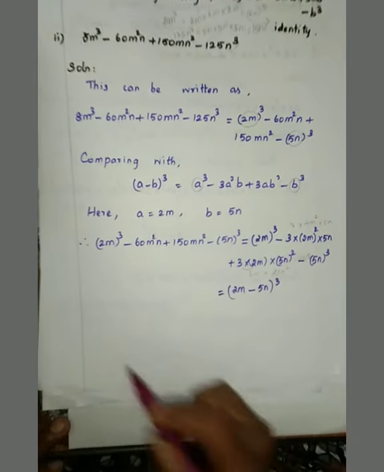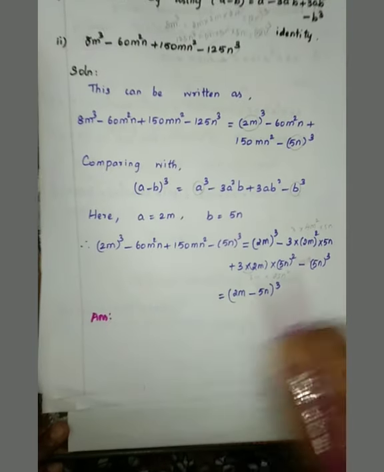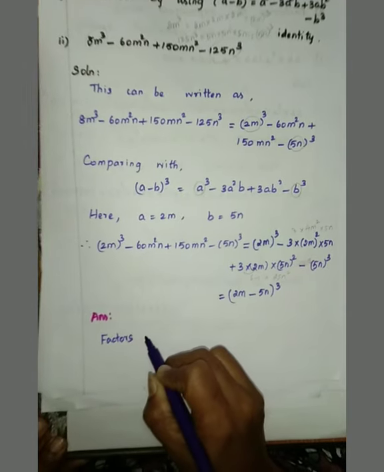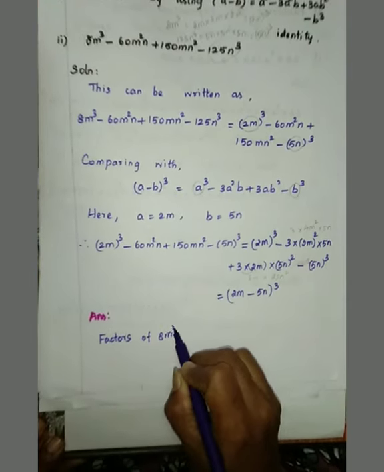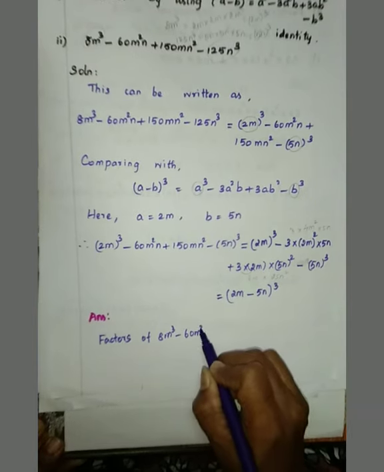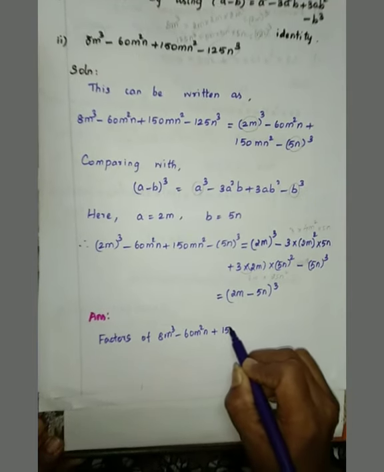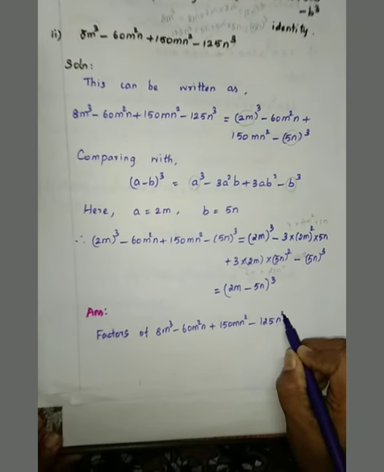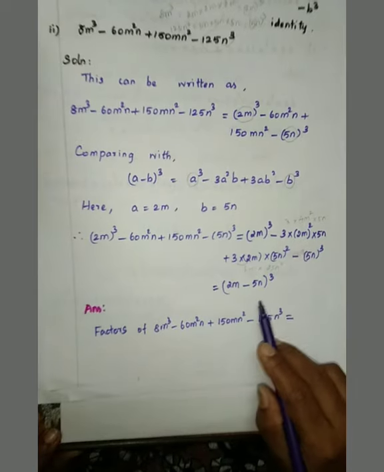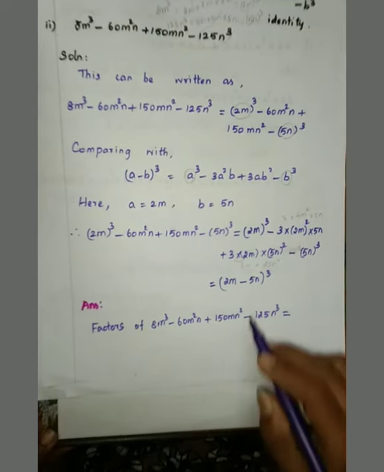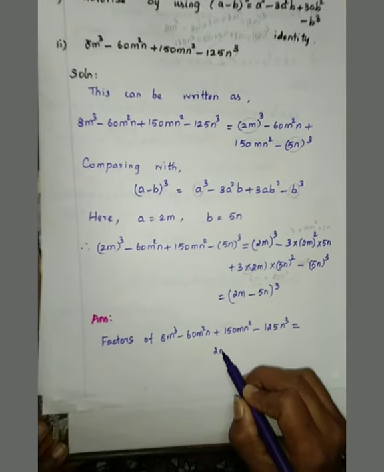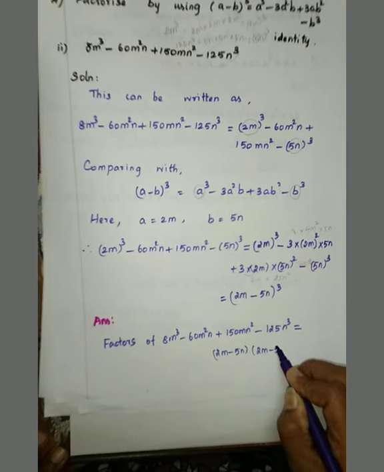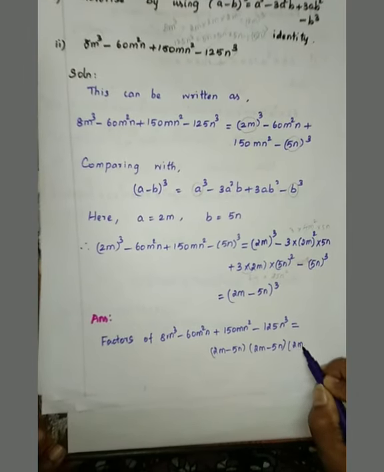Therefore, the factors of 8m cube minus 60m square n plus 150m n square minus 125n cube equal 2m minus 5n the whole cube. So it is multiplied 3 times. So the factors are 2m minus 5n into 2m minus 5n into 2m minus 5n.